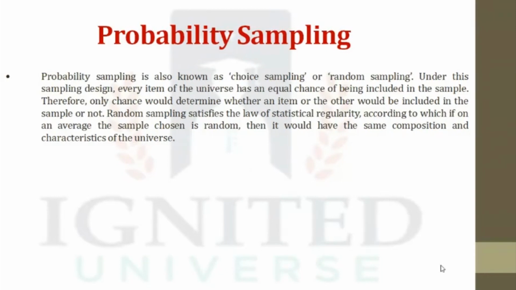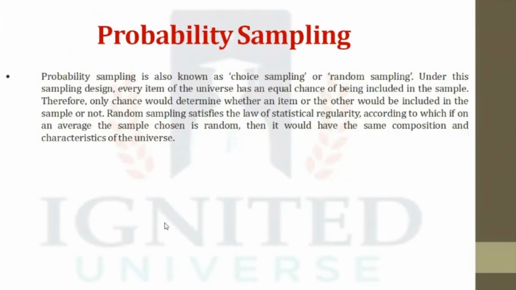So, moving on to the next type of sampling technique, which is probability sampling. Probability sampling is also known as choice sampling or random sampling. Random sampling is used widely for sampling purposes. In this, the subjective perspective of non-random sampling is taken over by probabilistic selection of elements.